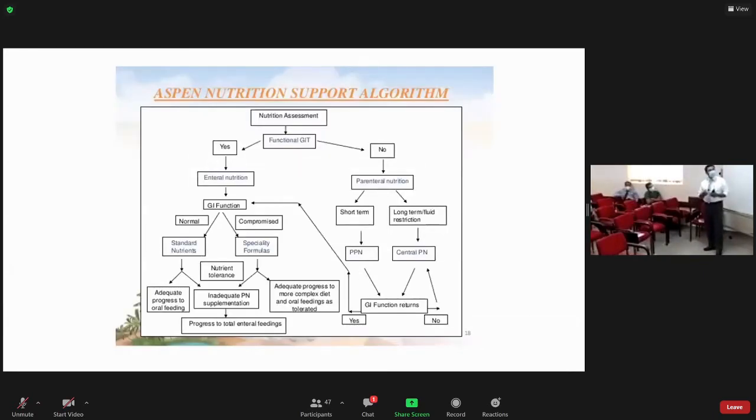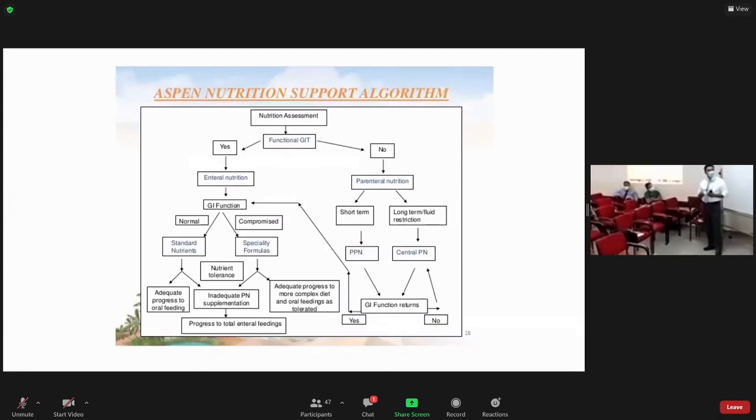So, this is the nutrition support algorithm. Do the assessment, you have to see whether a functional gut is there.